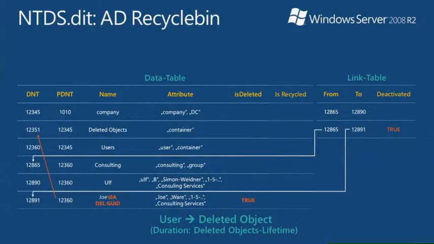By default, Active Directory Users and Computers and all those other tools will not see that this user was a member of the group. But if we want to undelete the user, it's now very easy because we just need to move him back into his container. We just need to fix up his name, which is easy, and remove the is deleted flag and the deactivated flag from the user and from the link, and then the user is restored with all group memberships.